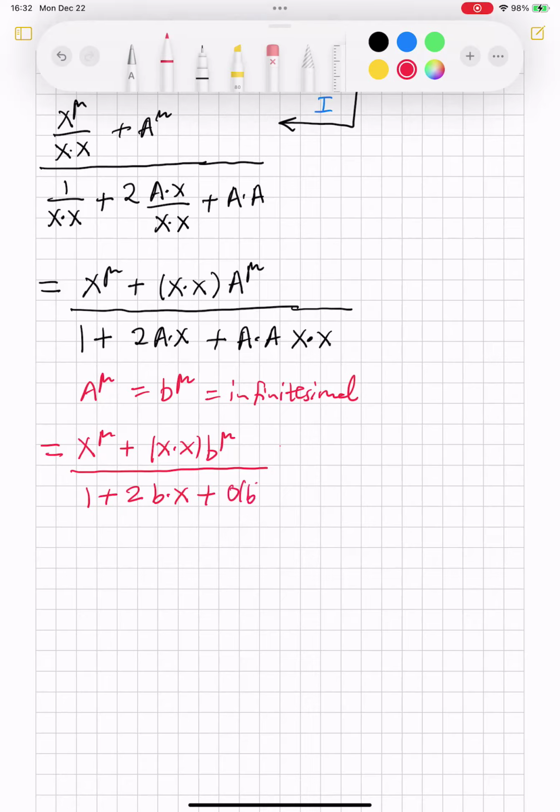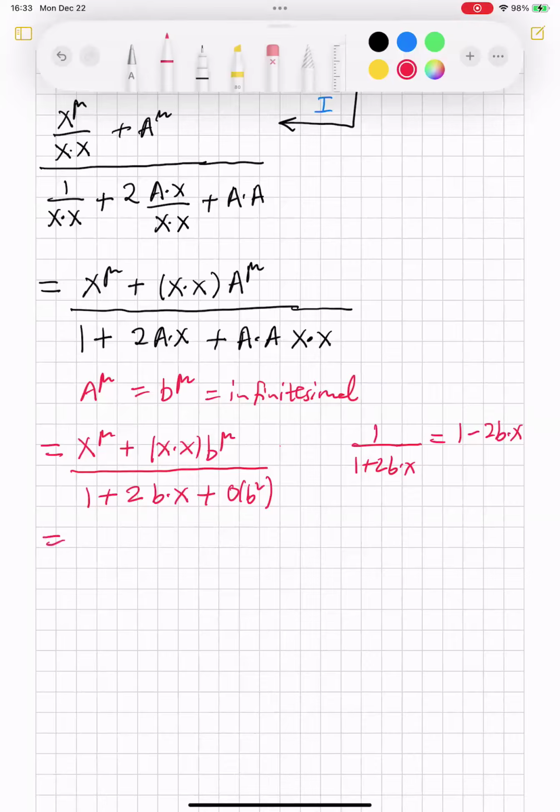So this will be 1 plus order b squared. And now, remember the formula. If we've got 1 plus 2 b dot x, well, if we're working to first order in b, this is just 1 minus 2 b dot x, and there would be some order b squared term that we're not going to worry about.